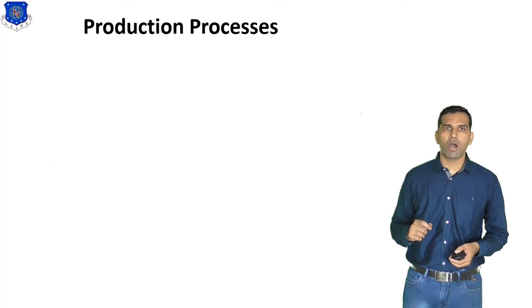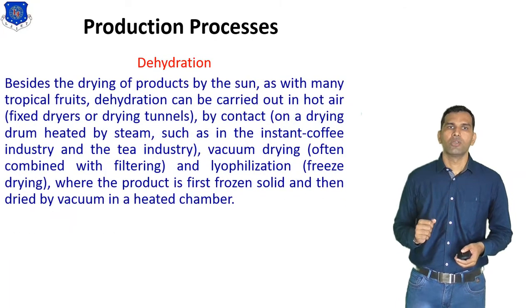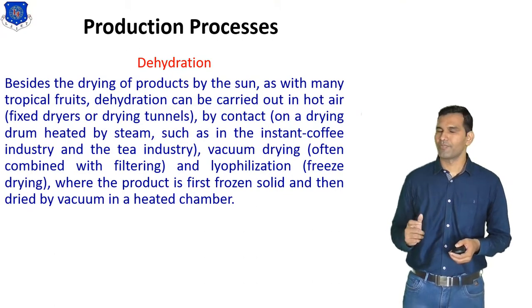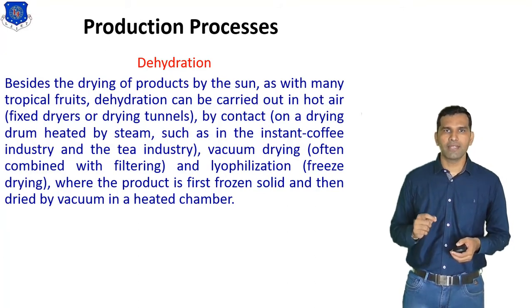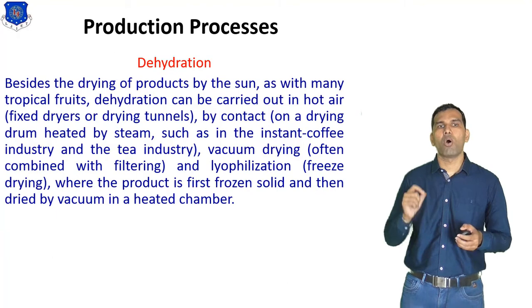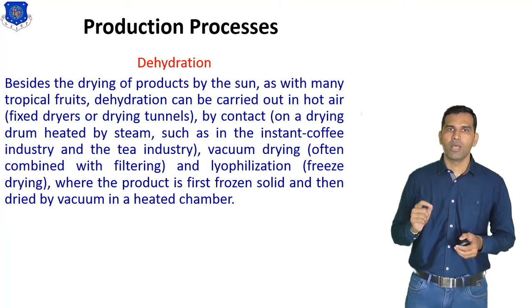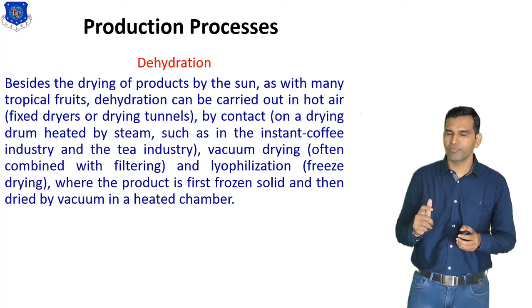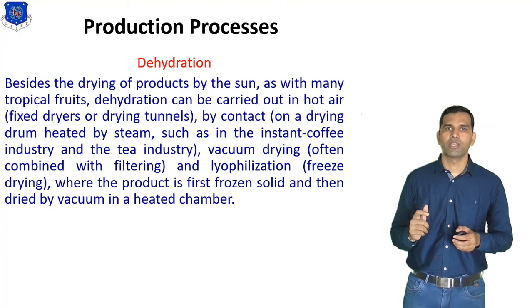Now the third method of the production process is dehydration. Besides drying of product by the sun, as with many tropical fruits, dehydration can be carried out in hot air like fixed dryers or drying tunnels, or by contact on a drying drum heated by steam, such as in the instant coffee and tea industries.